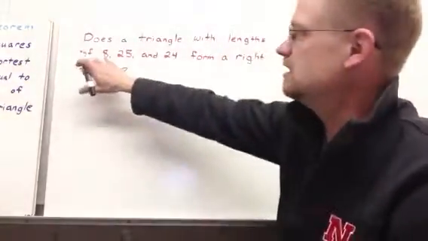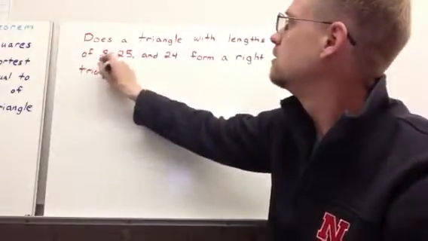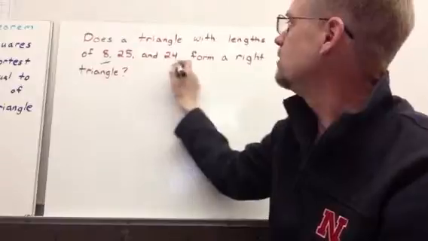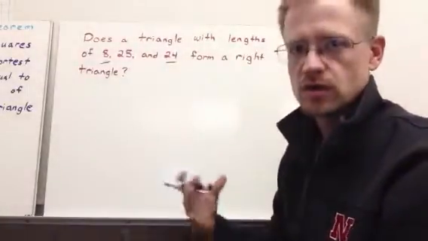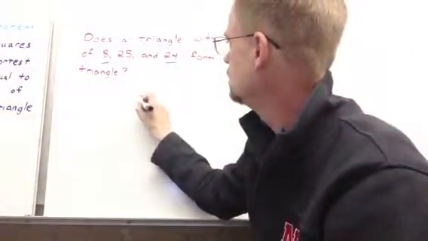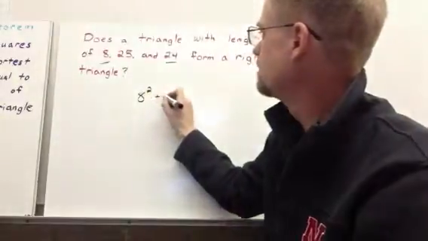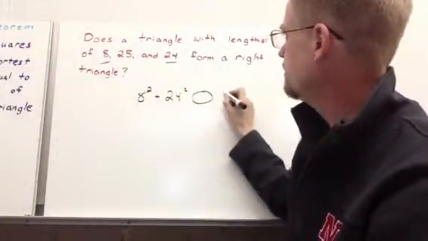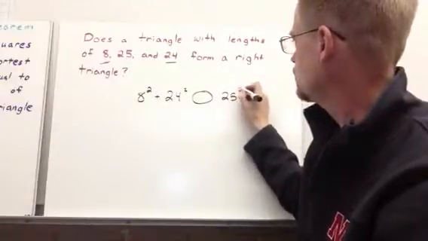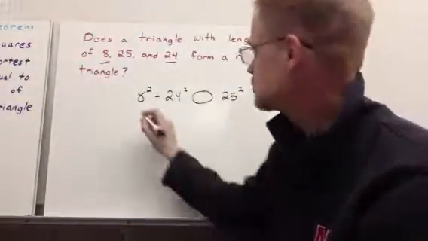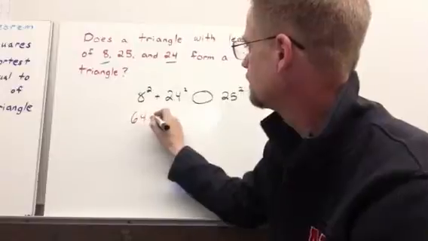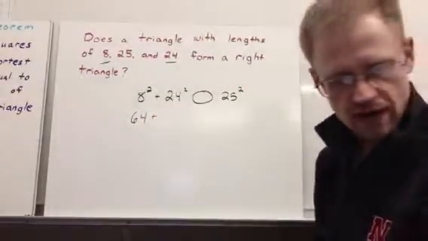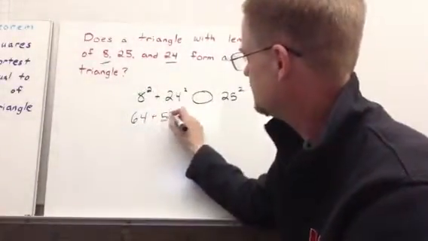The two shortest lengths are 8 and 24. Those are the two we're going to square and add together. So we test it out. 8 squared plus 24 squared. And we're going to compare that and see how that compares to 25 squared. 8 squared is 64. 24 squared is 576.